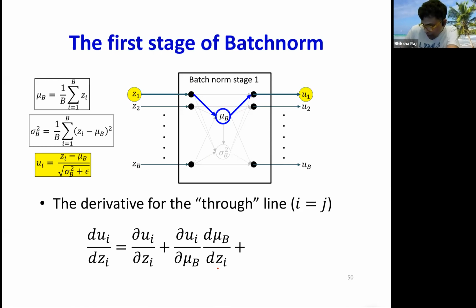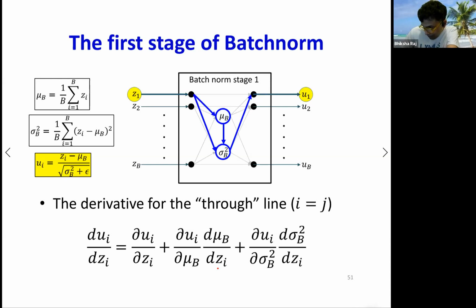So it's going to be the partial of U with respect to mu times the derivative of mu with respect to Z. So this is the second line, right? And then there's the third line, which is like so. Z affects sigma squared, and sigma squared affects U. So you're going to have the partial of U with respect to sigma squared times the full derivative of sigma squared with respect to Z.